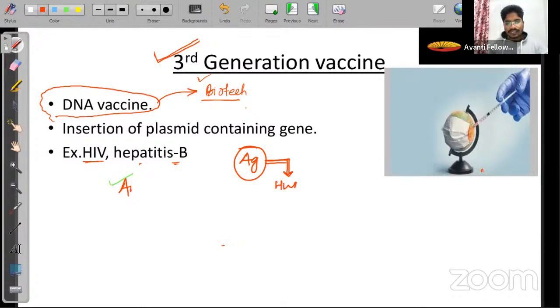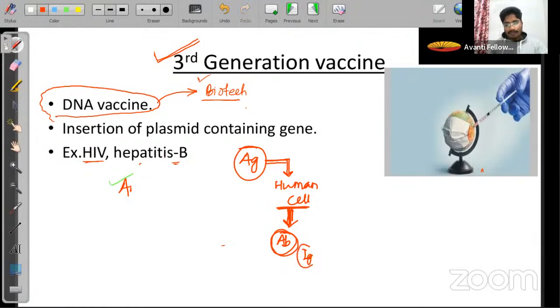Human cell को दिया जाएगा, right? Now the human will start preparing antibody against it. इसके अगेंस्ट प्रिपेयर करेगा एंटीबॉडी, right? So antibody is an immunoglobulin, right?